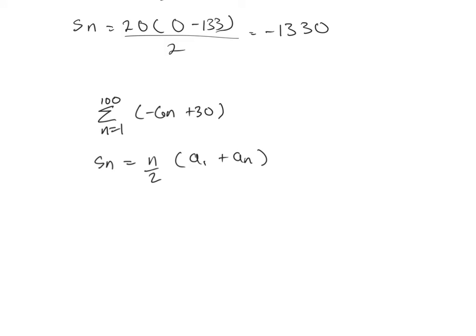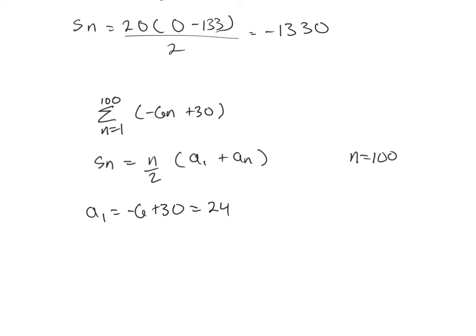So we can find all the values. Our n is 100 here, because we're going from 1 to 100. My a sub 1 is, we plug in 1 into our expression, so a sub 1 must equal -6 plus 30, which is 24.